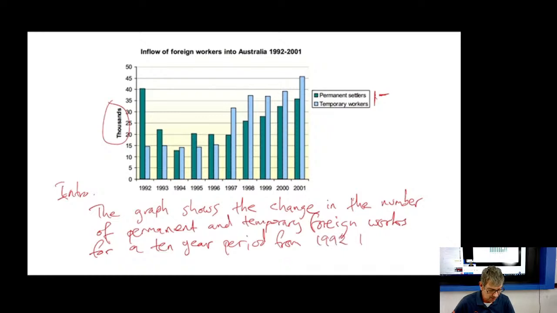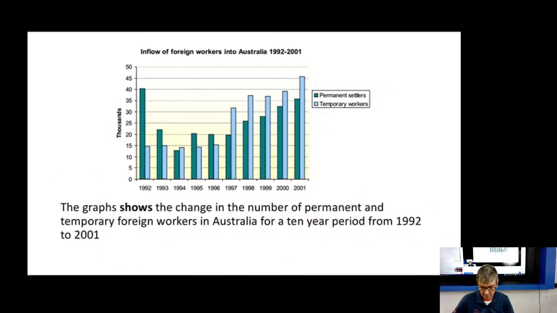From then, 1992 until 2001. Okay, so that's a good little intro or introduction to the graph and how we're going to talk about it. Okay, so there we go. The graph shows that.